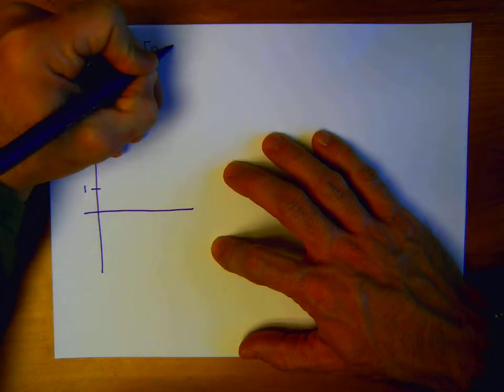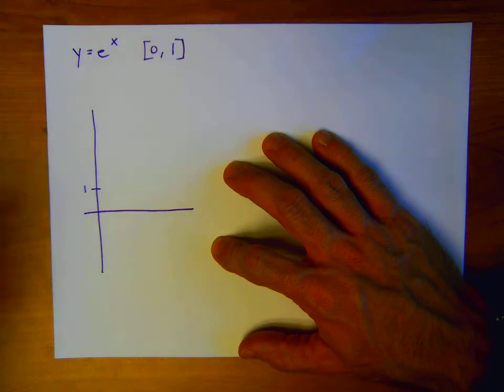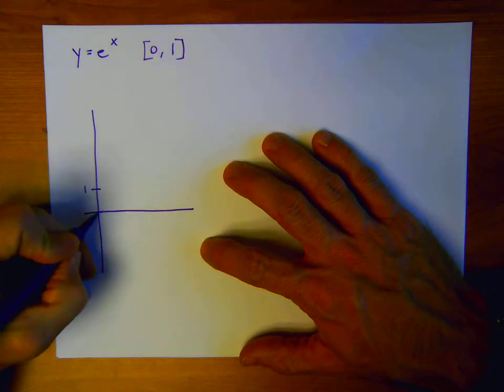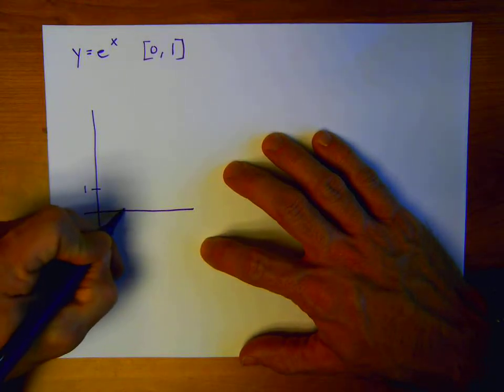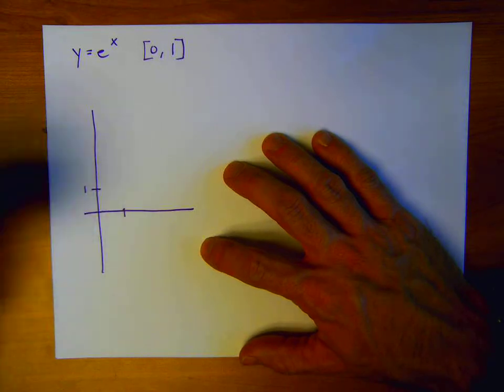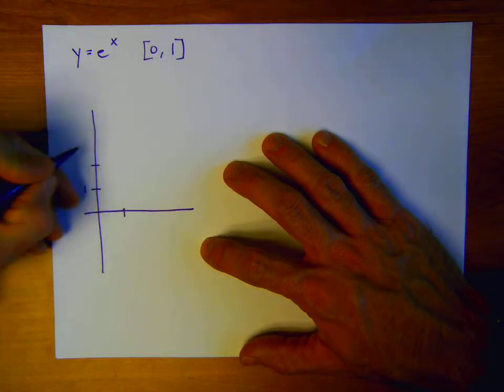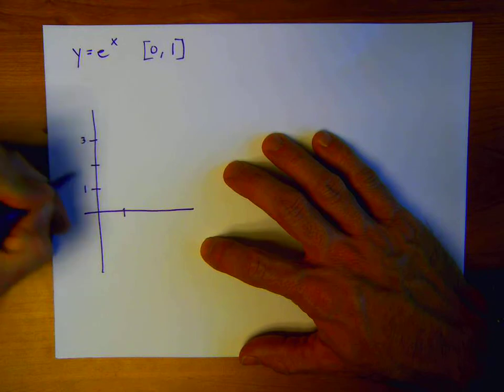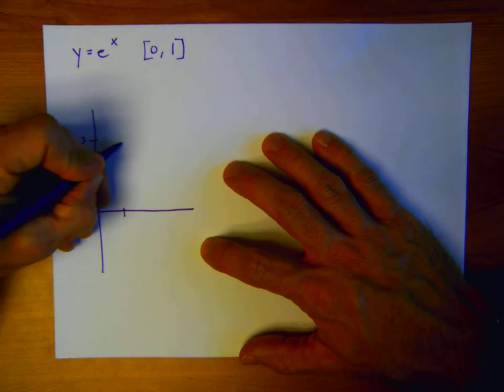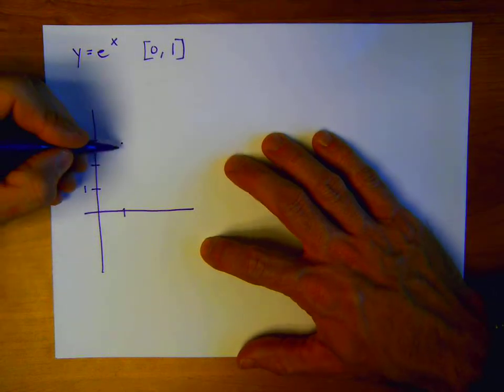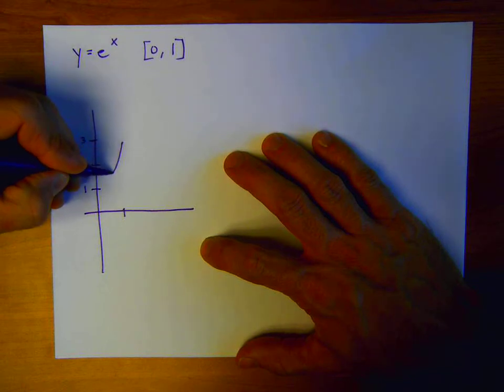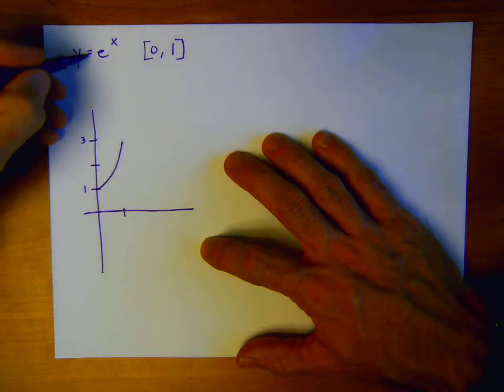So first let's draw that curve. At 0, it's at 1, and then at 1, it's at e, which is about 2.718. So let's just approximate here. If it's 3, then it's going to be a little bit less than 3. So say something like this, and we know it curves upwards. So there's our curve along 0 to 1.